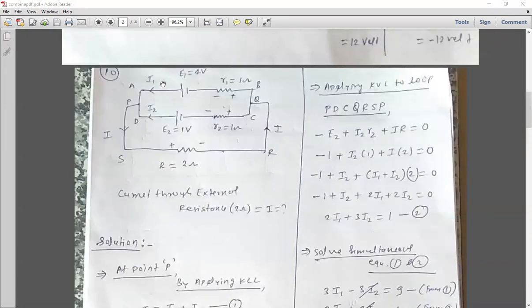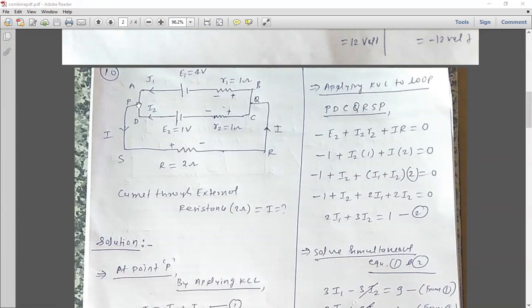I name the circuit's upper loop ABCDA. Just see the naming, I put it my way: PQRS. So here are 3 loops: ABCDA is the first loop.